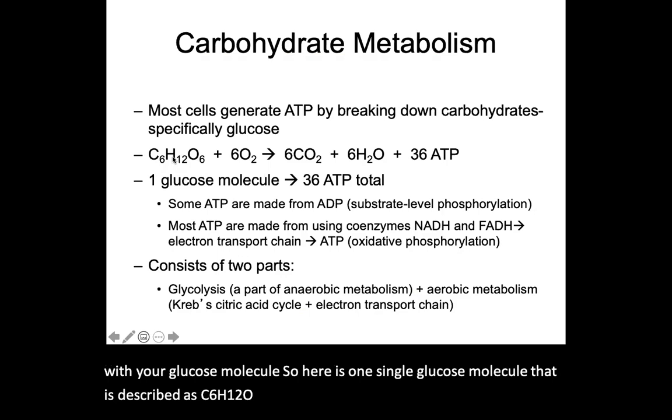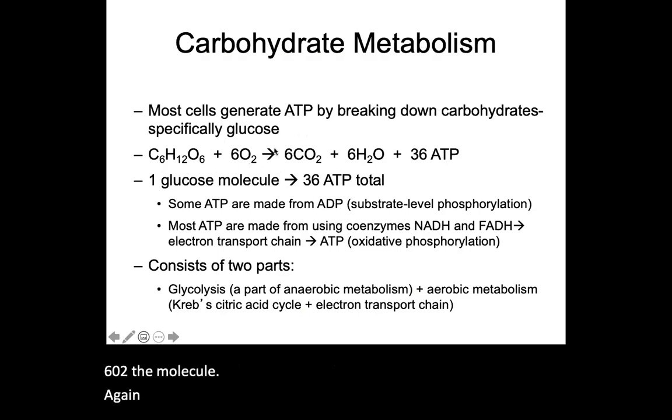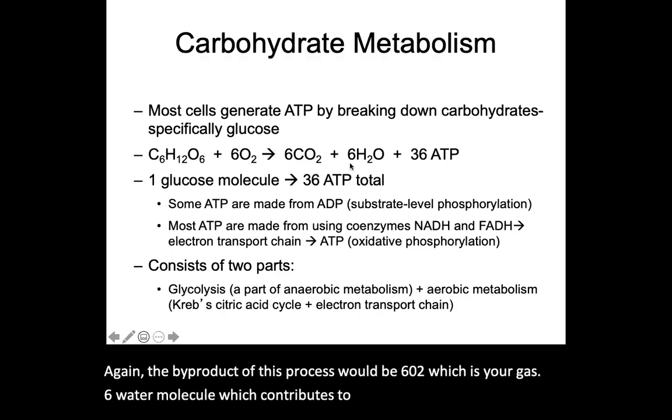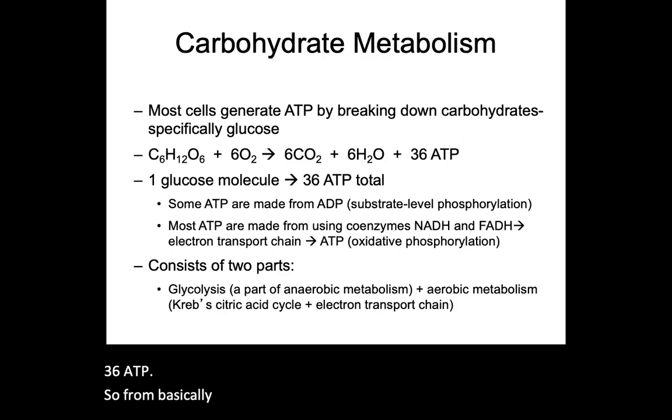So you have 6 carbon, 12 hydrogen, and 6 oxygen. You utilize about 6 oxygen molecules, 6O2, it's not an atom, so 6O2, the molecule. And the byproduct of this process would be 6 CO2, which is a gas, 6 water molecules, which contribute to the water your body requires, and 36 ATP. So from one glucose molecule, you're producing 36 ATP.